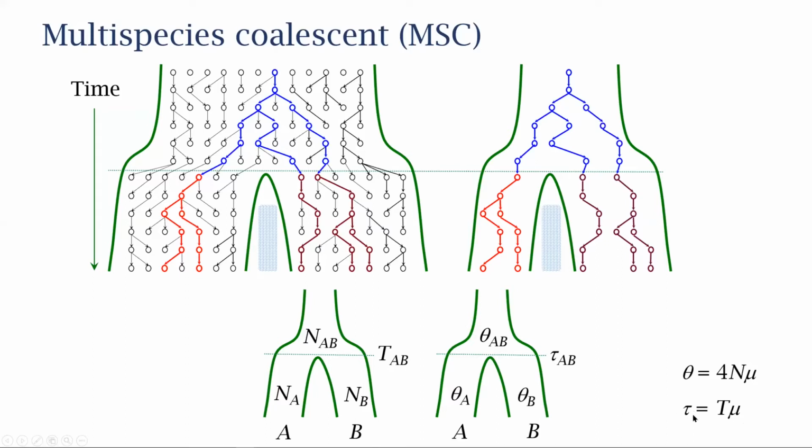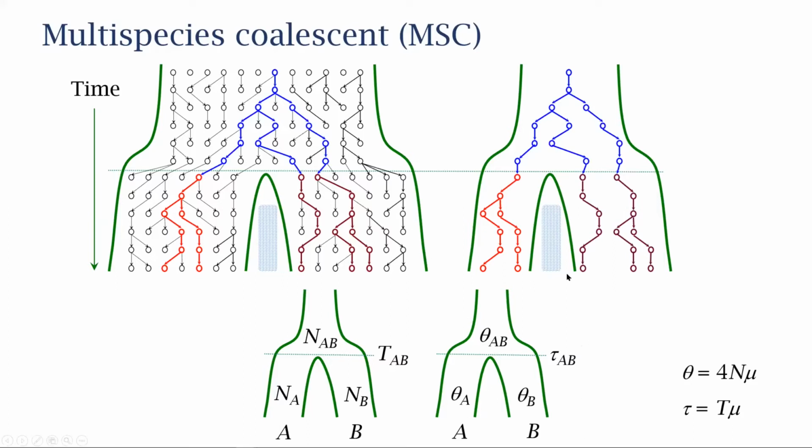So a tau of 0.02 essentially means that from this time to the present, you see a sequence change of 2%, or 0.01, that's 1%. Theta is 4Nμ, that's the really fundamental population genetics parameter. It's measured in the same way. Theta for humans is slightly less than 0.1%, so it's basically heterozygosity in the population.